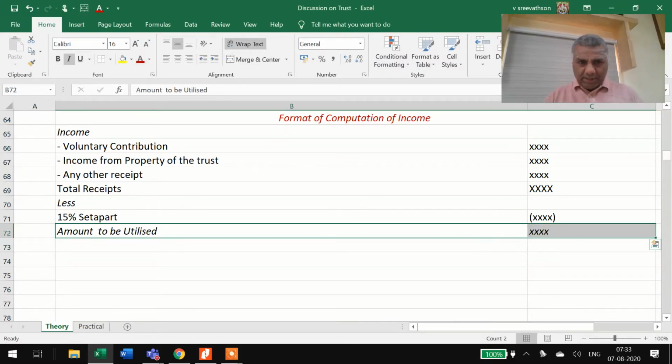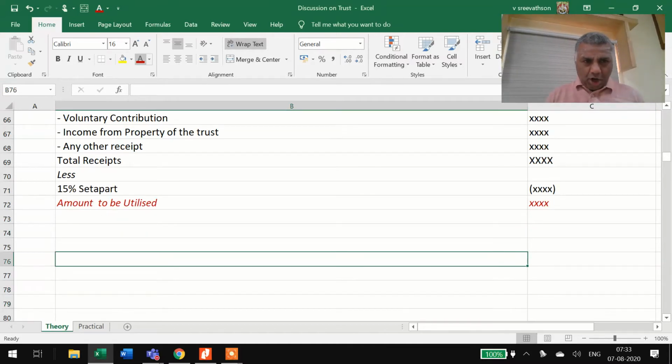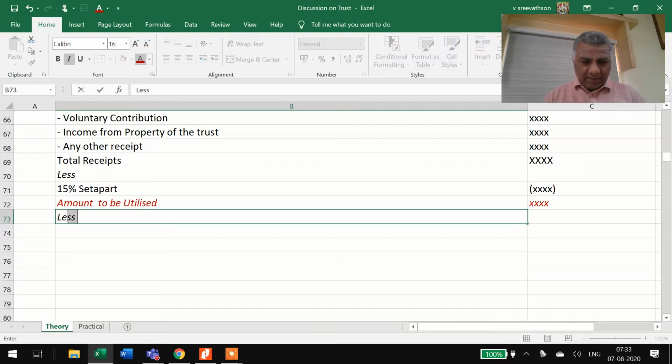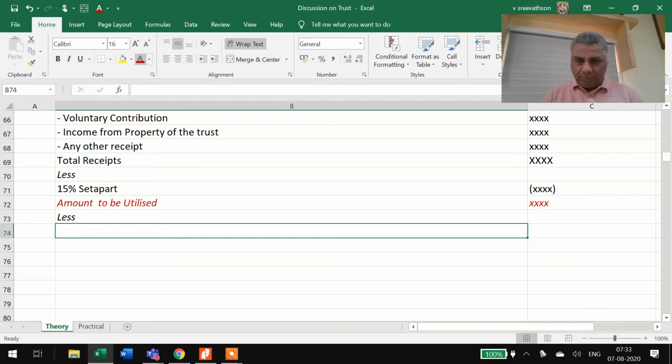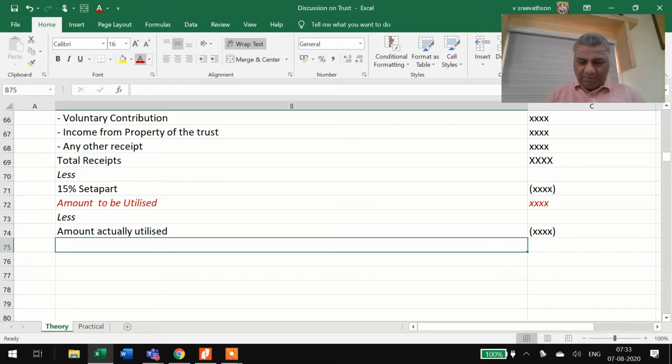Okay, this is one of the key points. Amount to be utilized: income minus 15% standard deduction leads me to the amount to be utilized, less amount actually utilized, which can be capital or revenue, whatever it is, we all know.